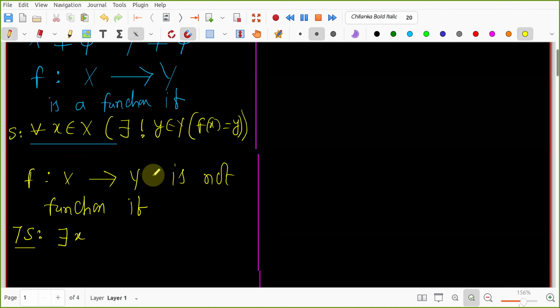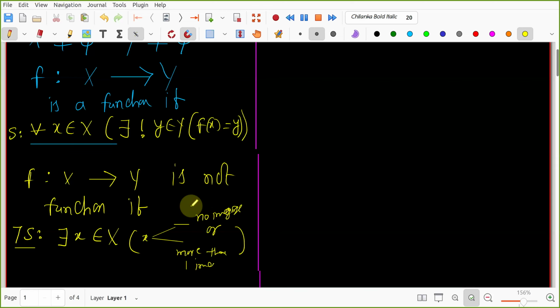What do you mean by this is not happening? For that, X has two things that can happen: no image, or more than one image. Yes, this is the way we need to discuss.